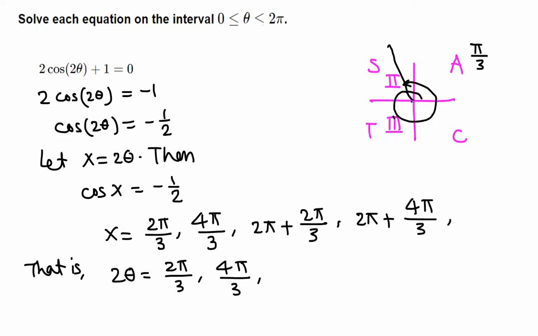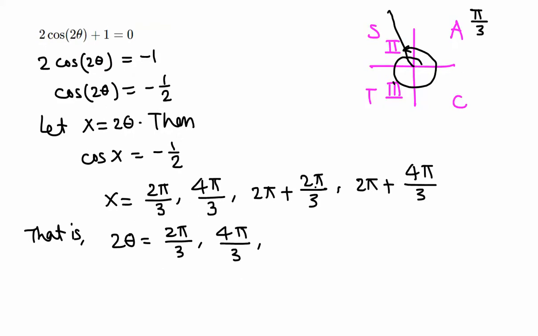In fact, we can go another 2 pi, so 4 pi plus the first angle, 4 pi plus the second angle. That will also be an answer, but when we divide by 2 later, those extra angles will be outside of 2 pi, so we don't want to go for that. Because we have to stop at 2 pi, we are taking two additional angles, I mean one more circle, because we are dividing by 2.